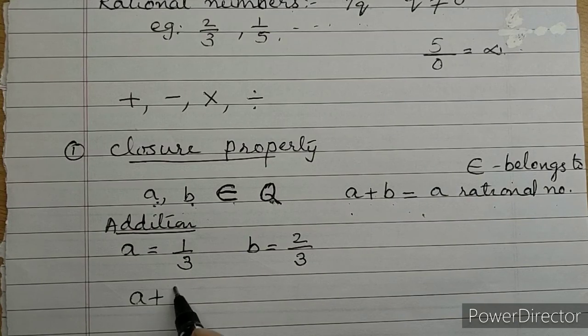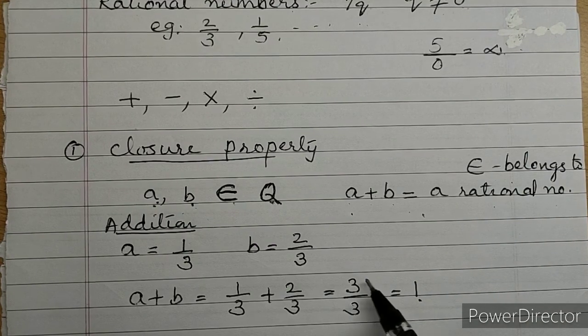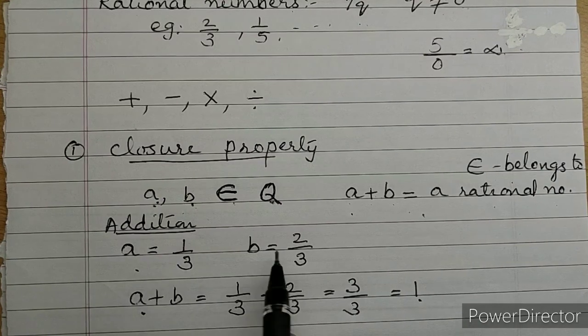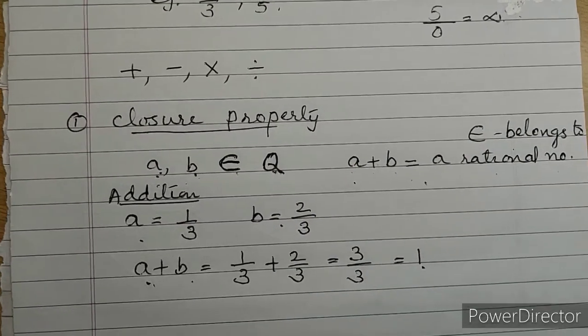Add that, A plus B is equal to 1 by 3 plus 2 by 3, which is 3 by 3. 3 by 3 you can write as 1. So 1 is definitely a rational number, or 3 by 3 also is a rational number. So that means if A and B are rational numbers, then A plus B also is a rational number. That is, we can say that rational numbers are closed under addition.